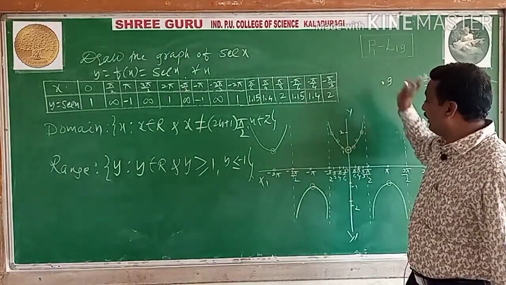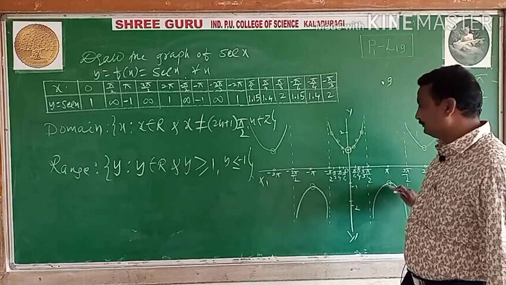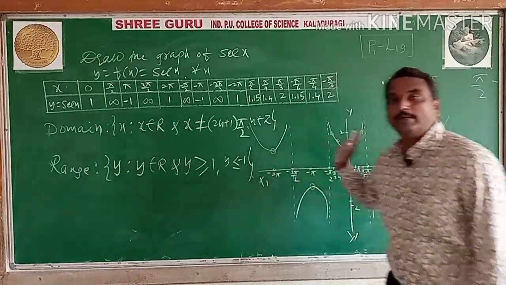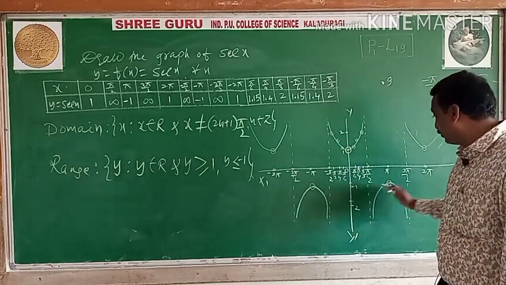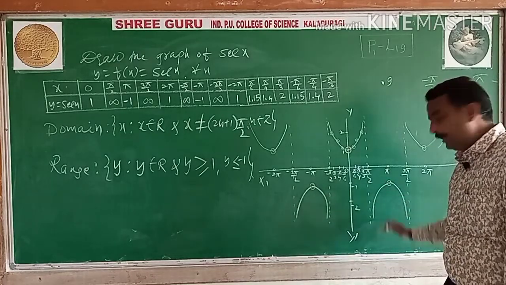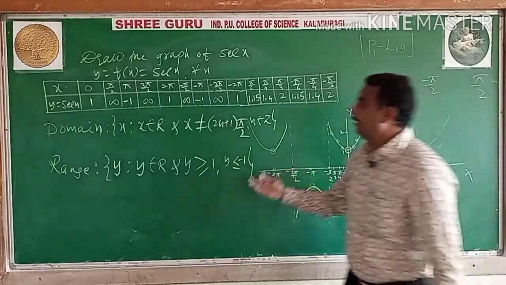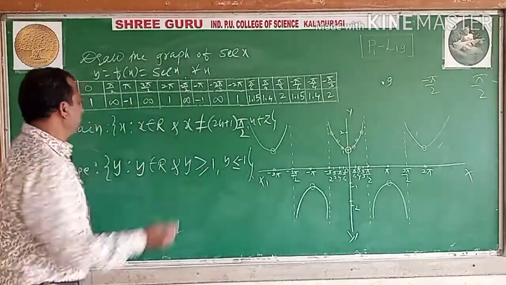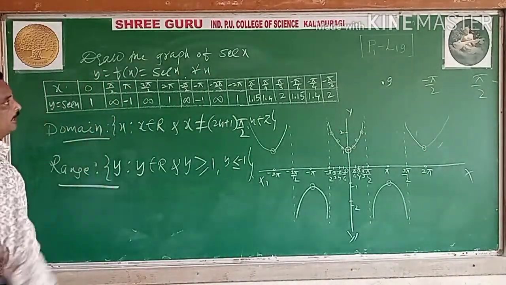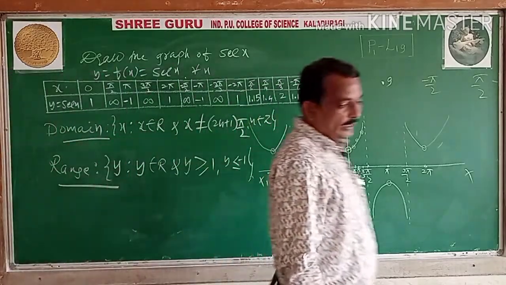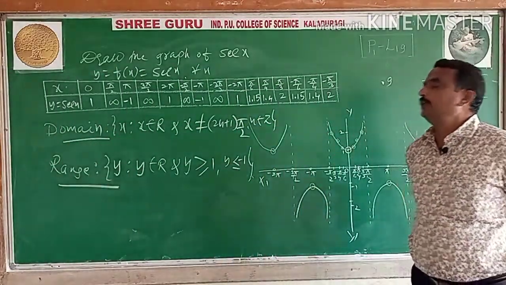For the upper branch it is more than 1 only, and for the lower branch, y is less than or equal to minus 1. So this is the range and domain of the graph y equals secant x.